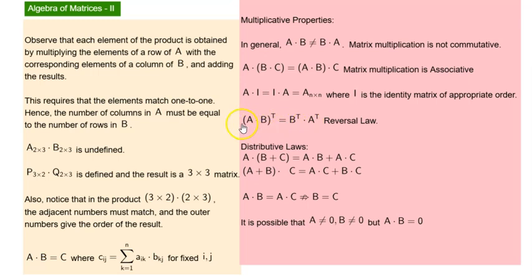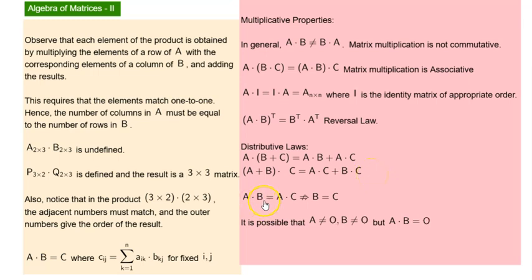So here, if we want to take the transpose of a product, we have to take the transpose of each and reverse the order in which we multiply. Then we have distributive laws. A times (B plus C) is equal to A times B plus A times C, and (A plus B) times C is equal to A times C plus B times C.